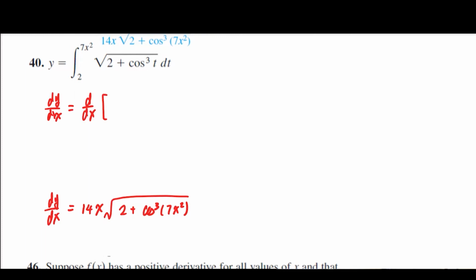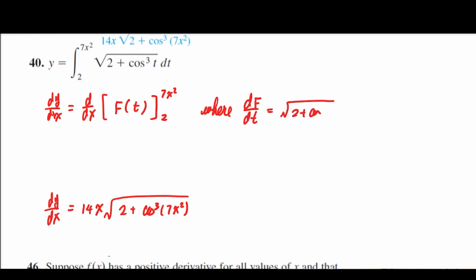Well, we can't, because we don't know what the antiderivative of this is. We'll just call it capital F, from 2 to 7x squared, and then we'll specify what capital F means, where dF over dt means the square root of this little function.